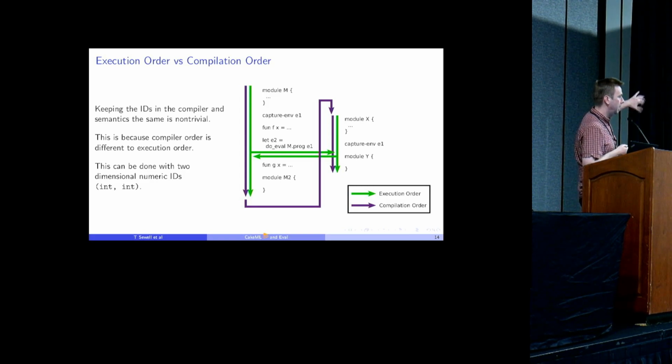The compiler will have compiled the entire program, but the semantics steps through the program one declaration at a time, and will at some point leap into the right-hand side program and do all of that before getting back to the remainder of the original program, which means that the runtime compiler for eval will see everything on the right after the ahead-of-time compiler, but that's a different order to the semantics. We can fix this for the purposes of environments just by using two-dimensional IDs.